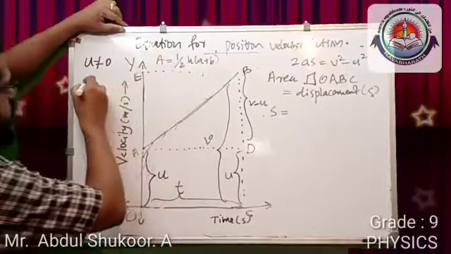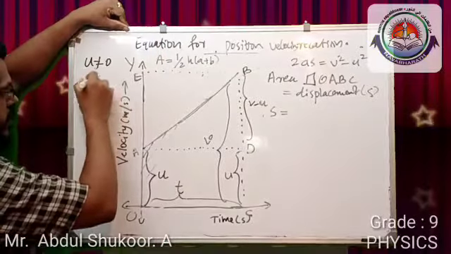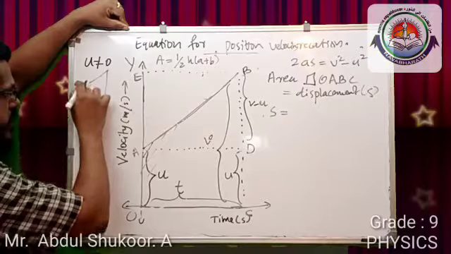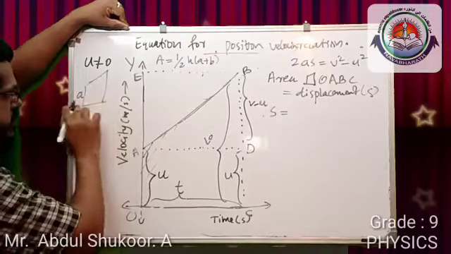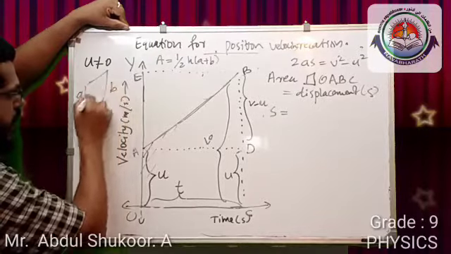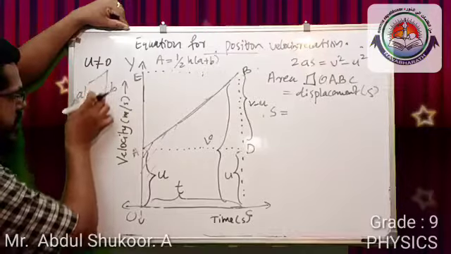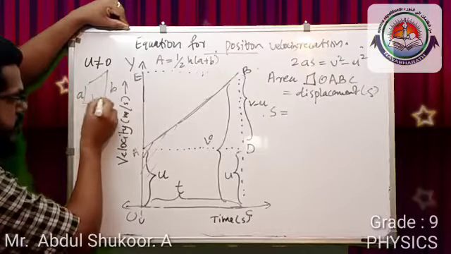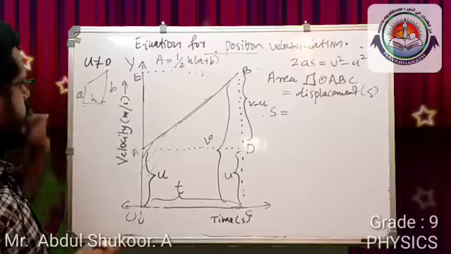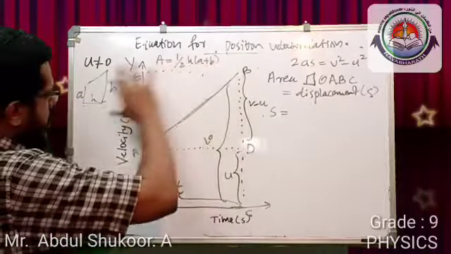Imagine it is a trapezium, where this side is A and this side is B, and the distance between the parallel sides is H. This is the shape of the trapezium.